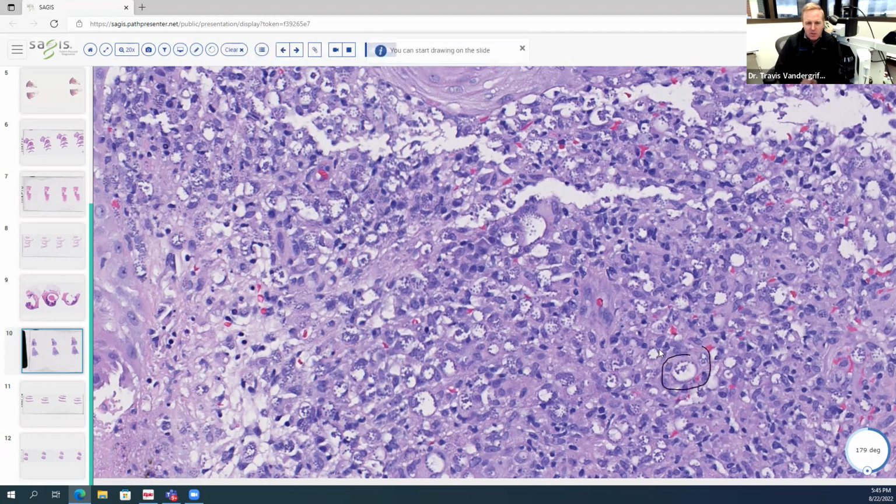So my main differential here would be Leishmaniasis and histoplasmosis. And there's a couple of clues to help you distinguish Leish from histo. Leishmaniasis, at least the New World variants, like to arrange the amastigotes, or the organisms, at the periphery of a parasitized histiocyte.